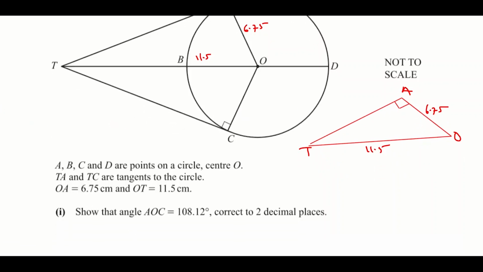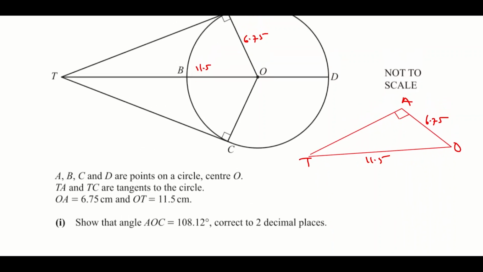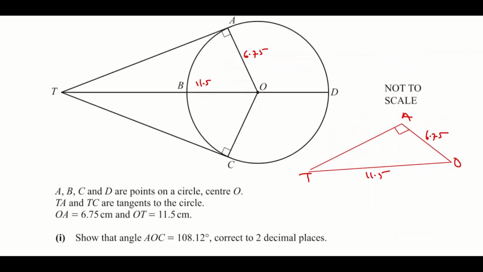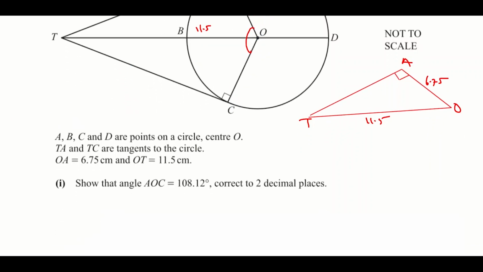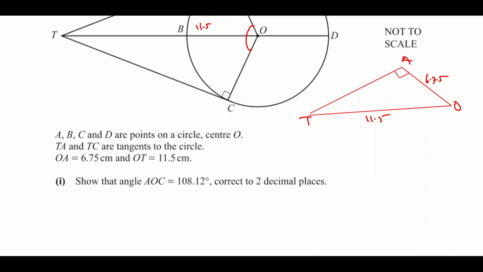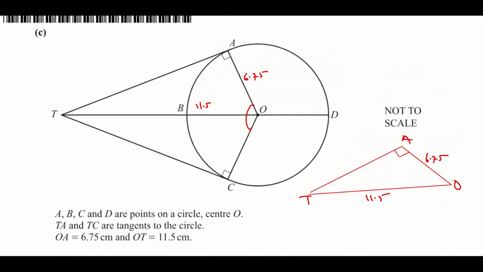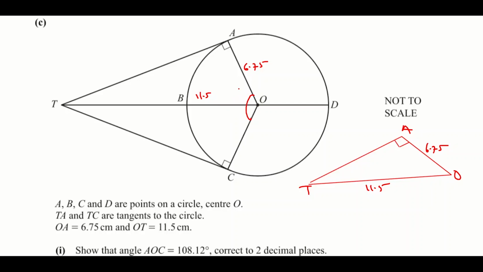So we want to show that the angle AOC is equal to 108.12 degrees correct to two decimal places. We can call this one theta, so this one too will also be theta.